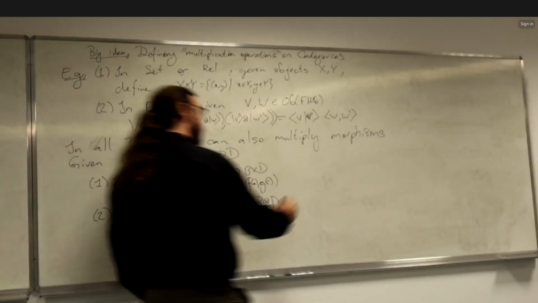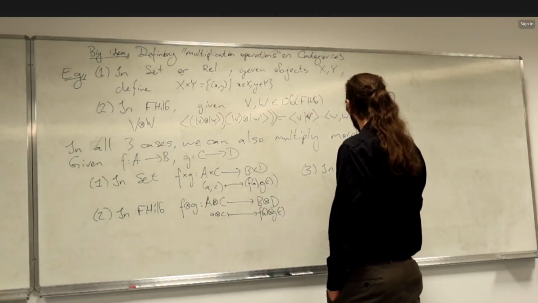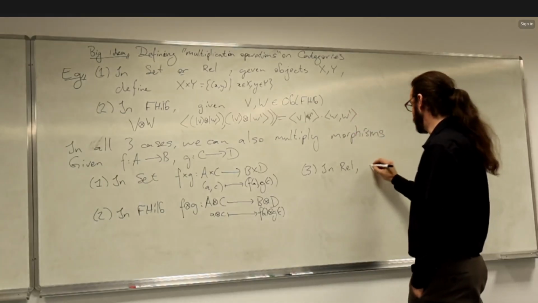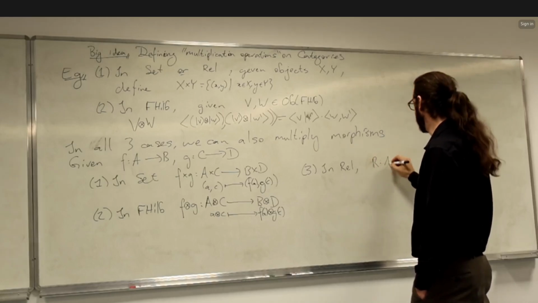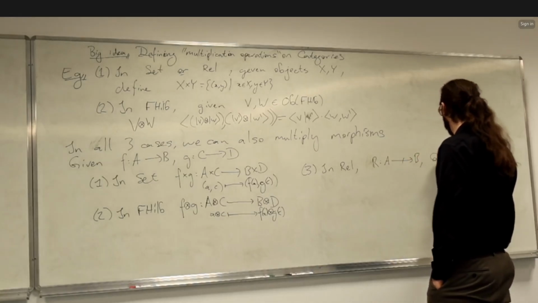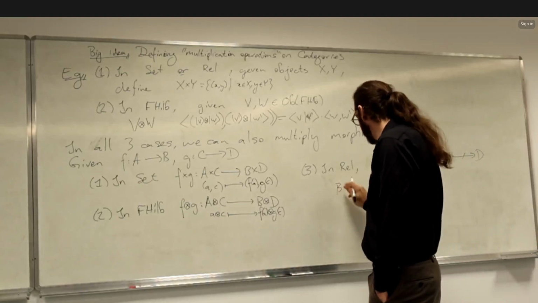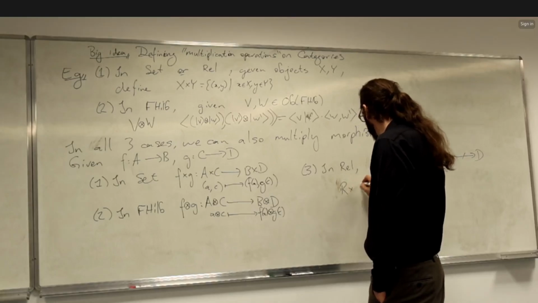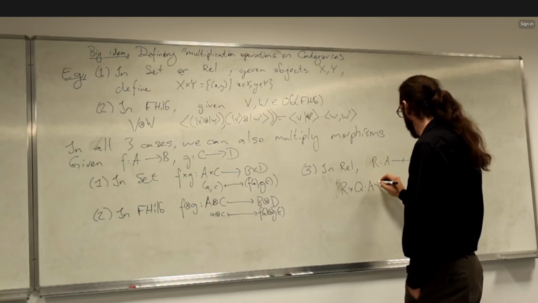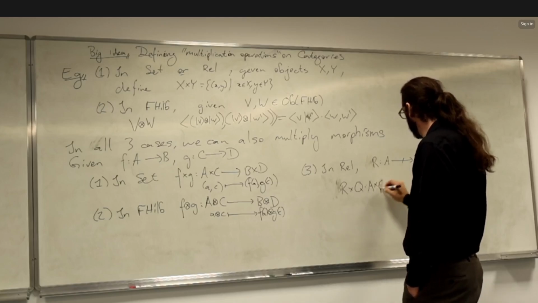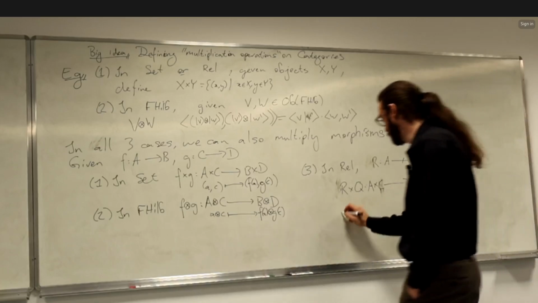Now, it's in rel that things get a little stranger. So now I'm going to rewrite these as, let's say, R from A to B, Q from C to D. And now we want something that's like R times Q that goes from A times C to B times D. So it's going to be a subset.